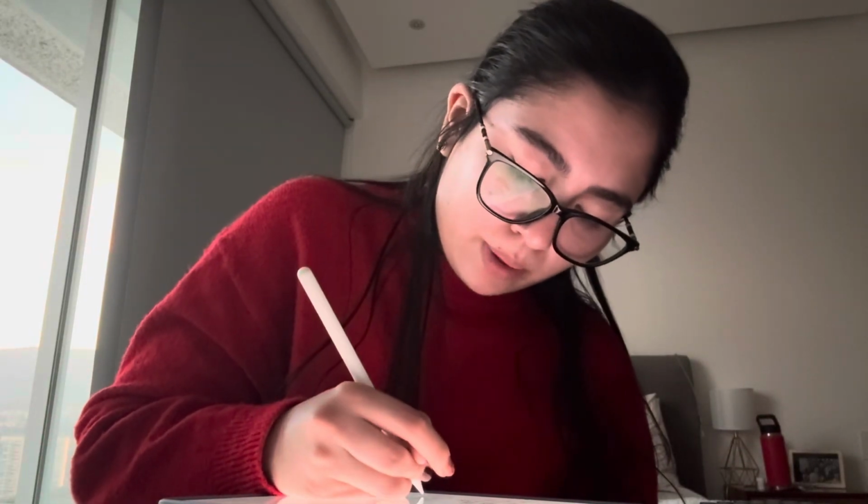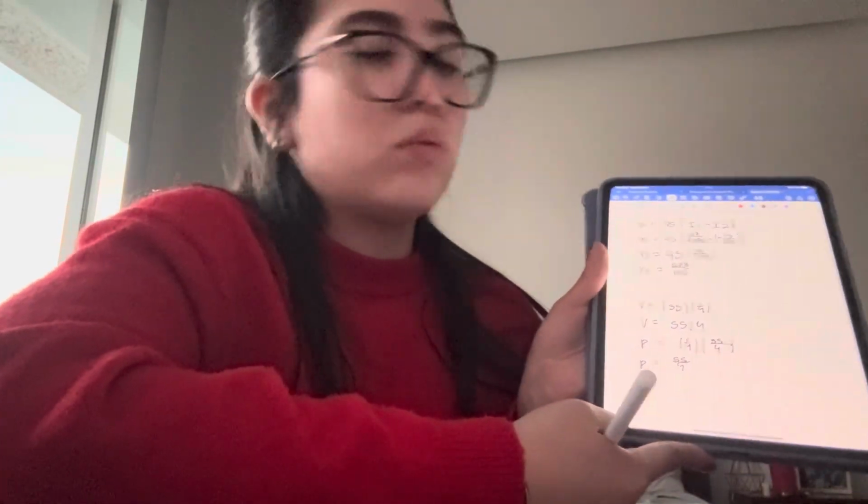And then for our P, we multiply our current, that is 1/4, by our voltage, that is 55/4. And we get that our power is 55/4 watts. And that's it. Thank you.